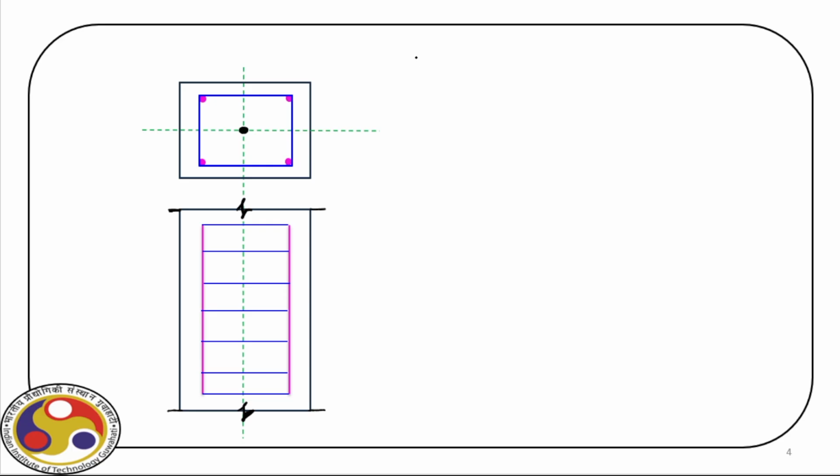Actually, we can have three different problem statements. The first one, you have axial load only. The second option, axial load plus uniaxial bending.